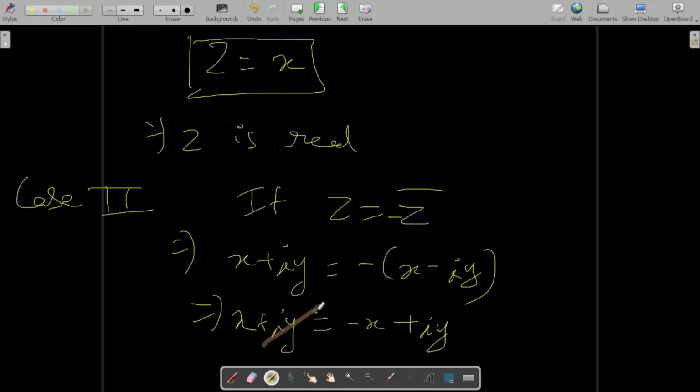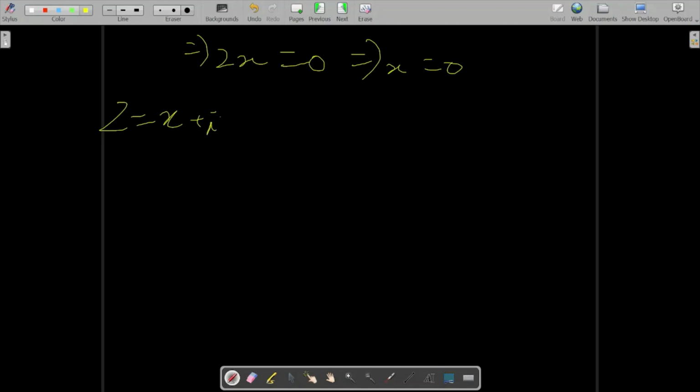So iy will cancel from here. So 2x is equal to 0. That implies x is equal to 0. So z is equal to x plus iy, now we will put x equal to 0, so that will be equal to iy. So z is purely imaginary in this case.